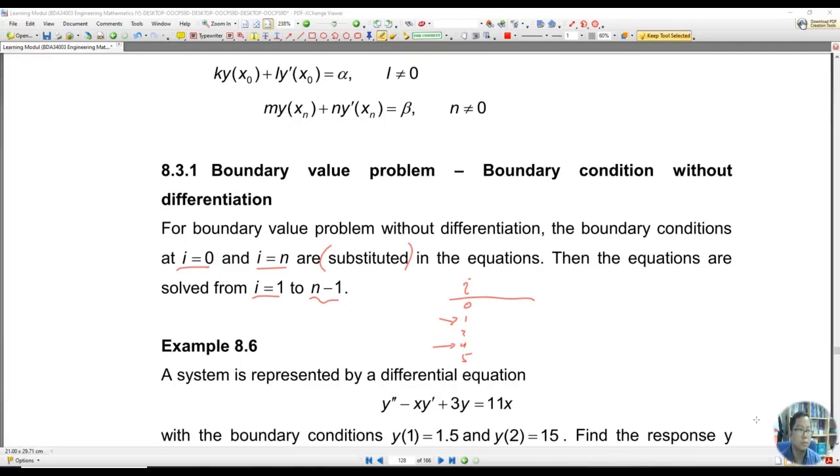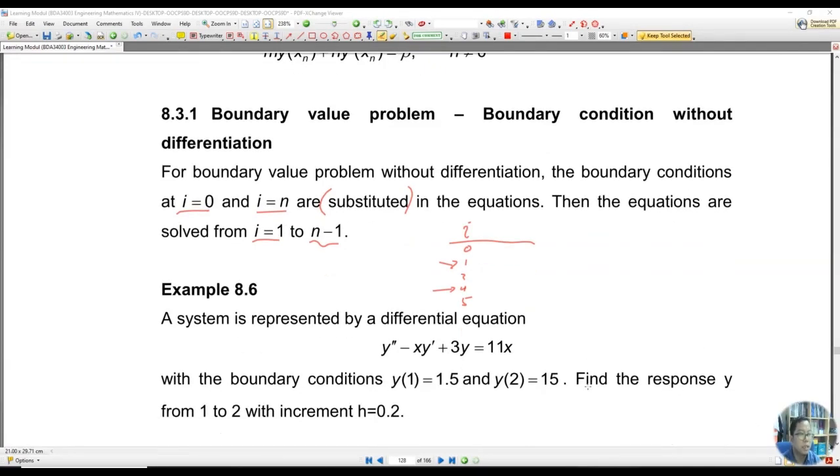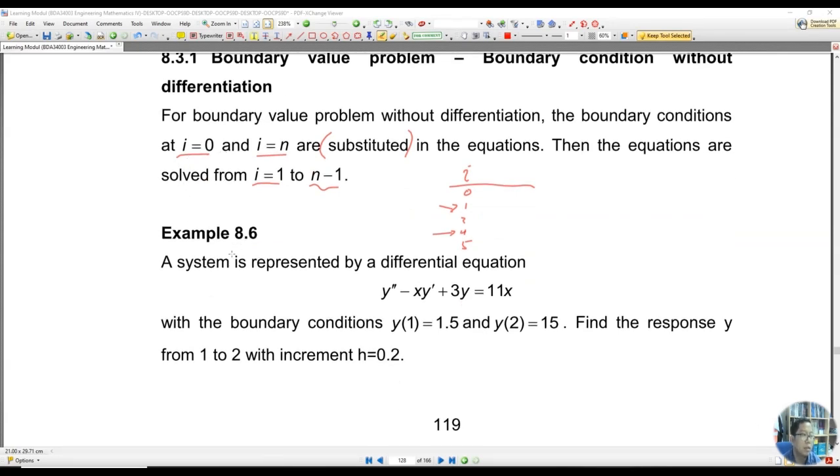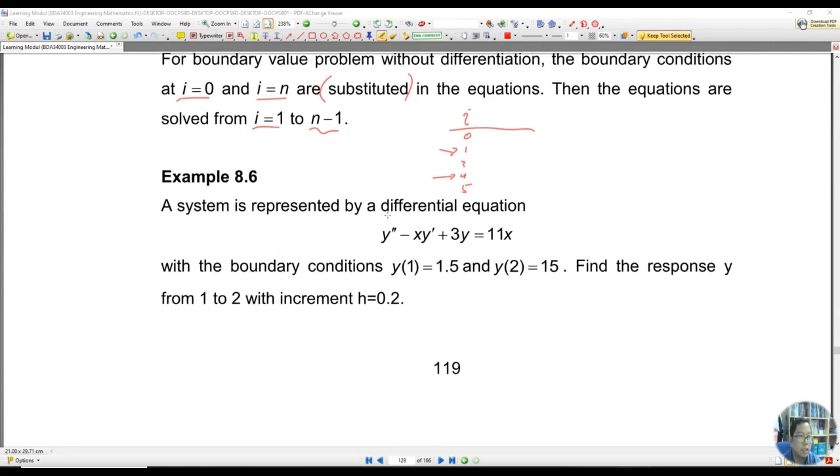Okay, we continue. Example 8.6. A system is represented by a differential equation. The equation given is y double prime minus x y prime plus 3y equal to 11x.